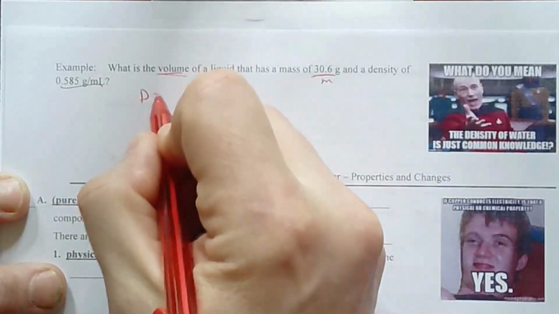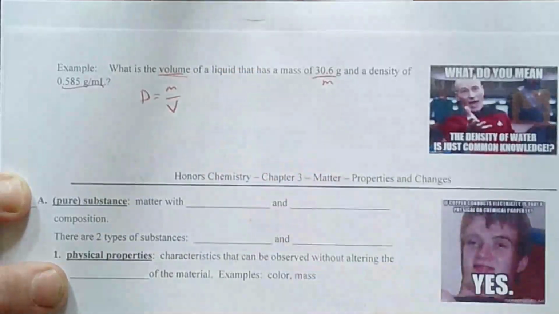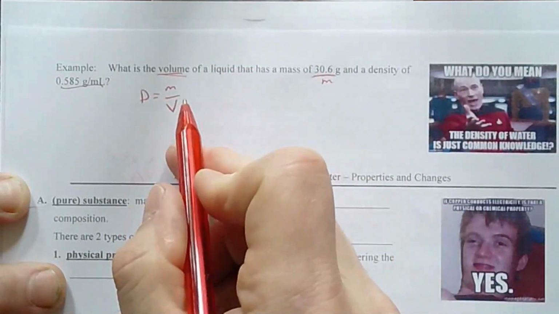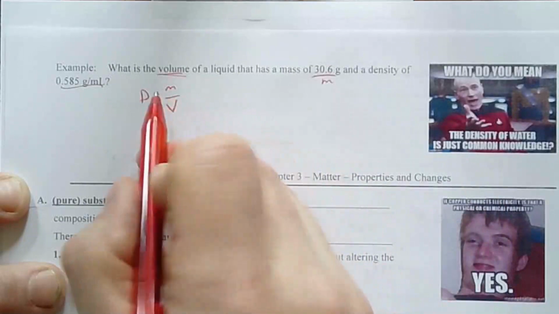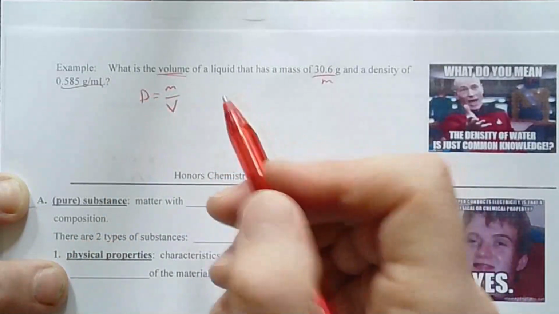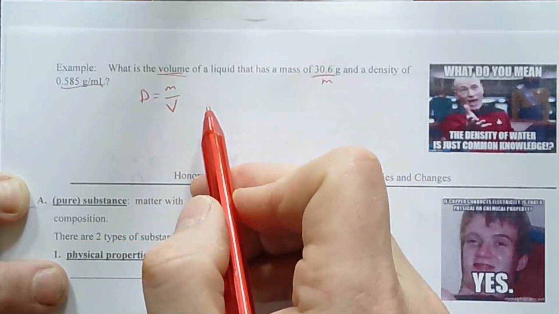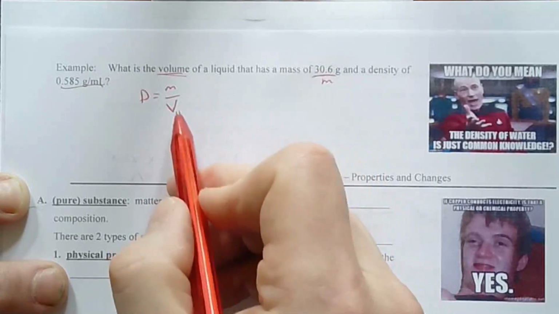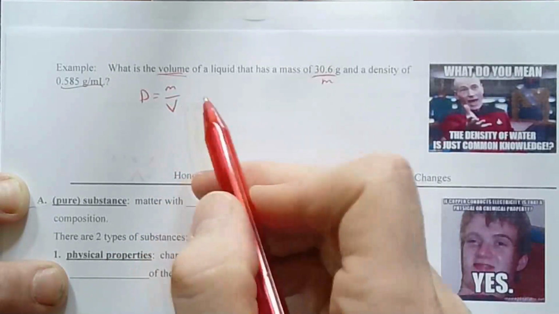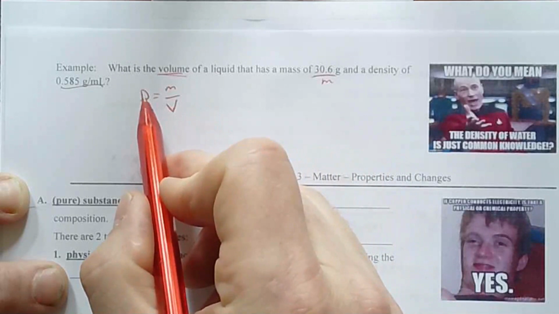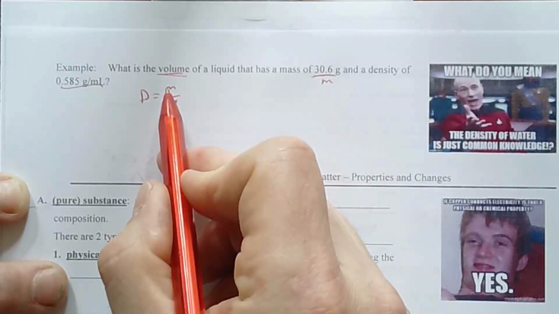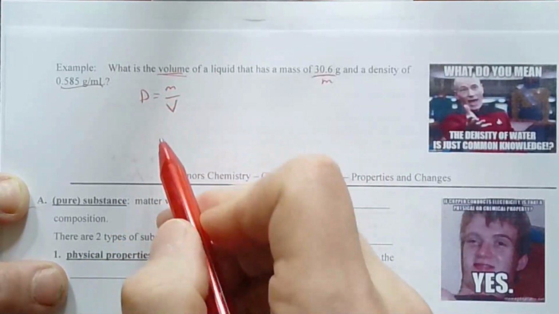So if density is mass over volume, you are more than welcome, if you are more comfortable just plugging in numbers and then solving for what's missing, to put the density in here, the mass up here, and you're trying to solve for this V on the bottom.